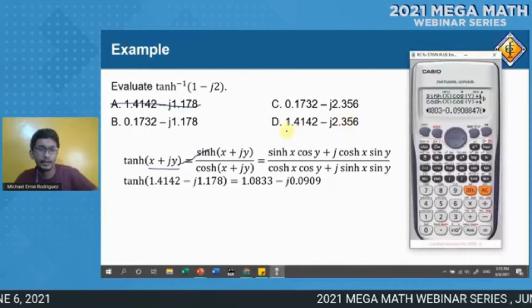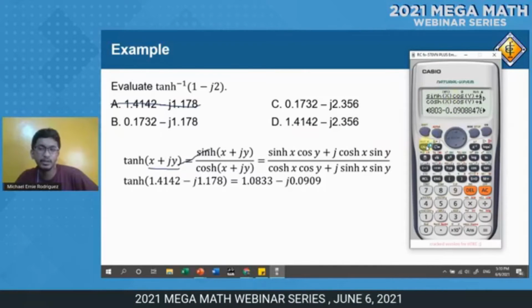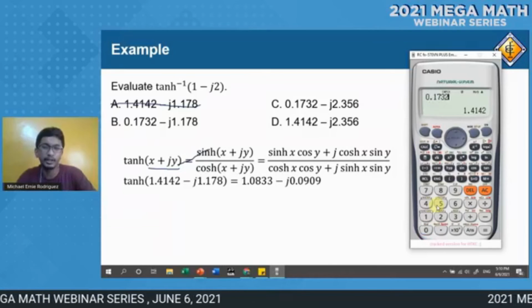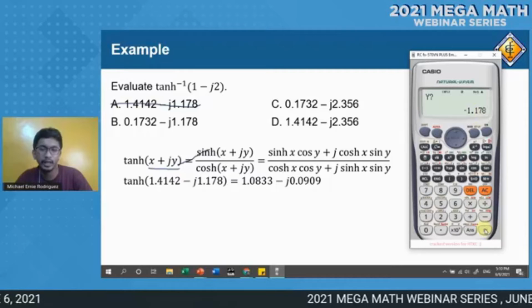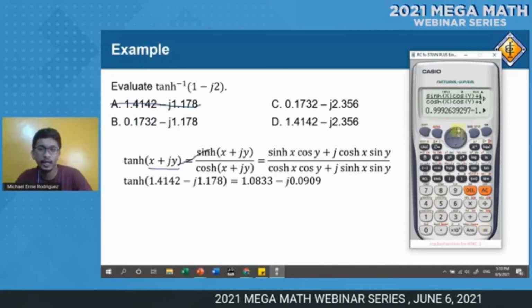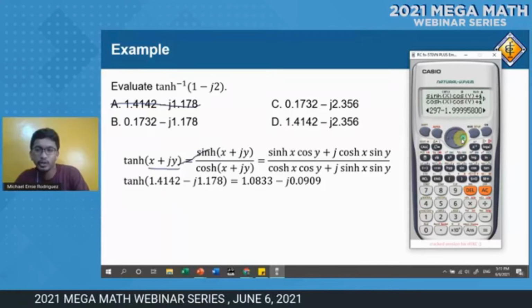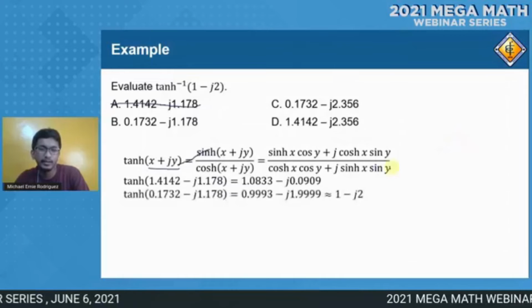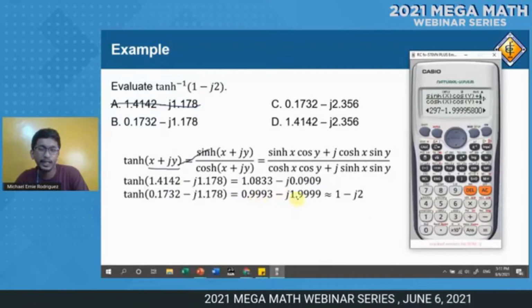Okay, letter B. Hindi natin kailangan mag-input ng isa-isa, di ba? Use the calc. So, that is 0.1732 and then negative 1.178. Equals natin. So we have 0.999 minus j 1.9999.